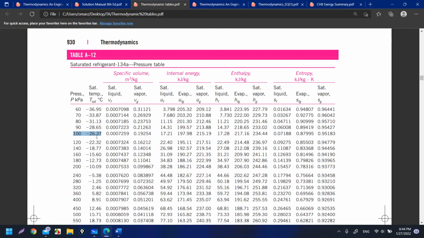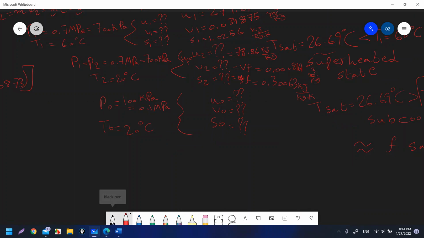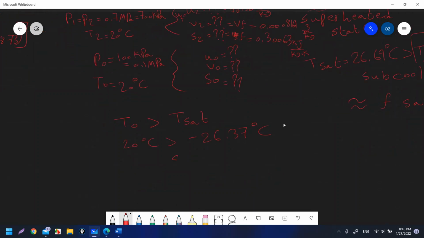My temperature is larger than the saturation temperature. T naught is larger than Tsat. 20 degrees Celsius is bigger than negative 26.37 degrees Celsius. So it is a superheated state.